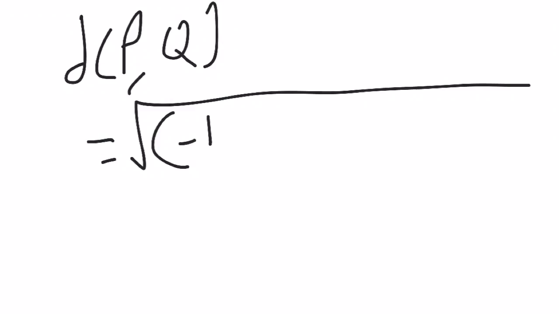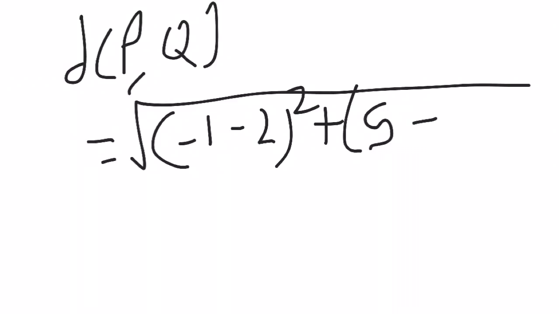So subtract the x coordinates beginning with the x coordinate for P, so negative 1 minus 2. Should be negative 1 minus 2 squared plus, now subtract the y coordinates, 5 minus negative 4 squared.